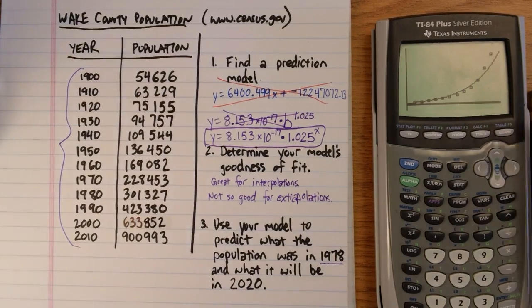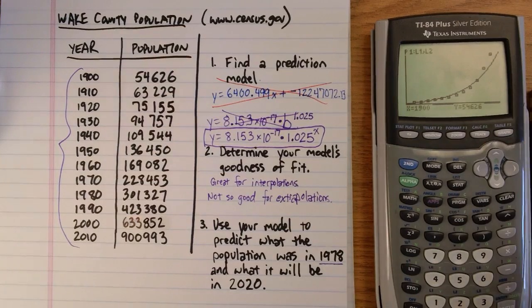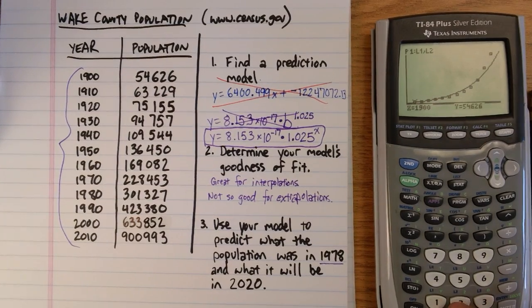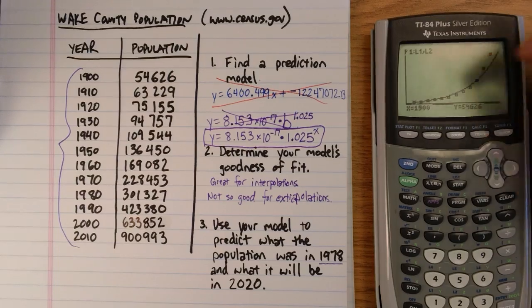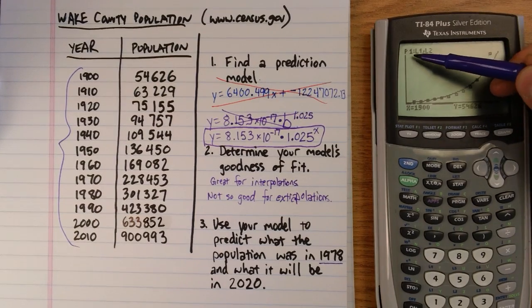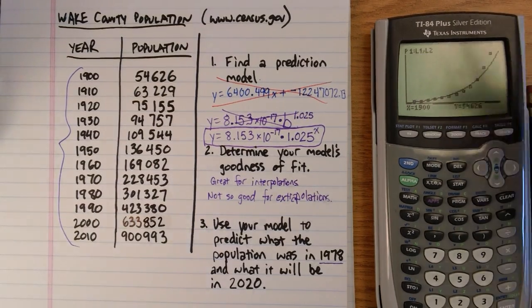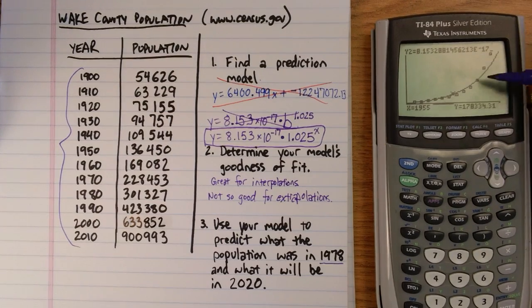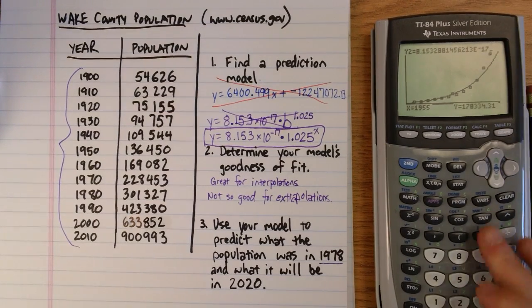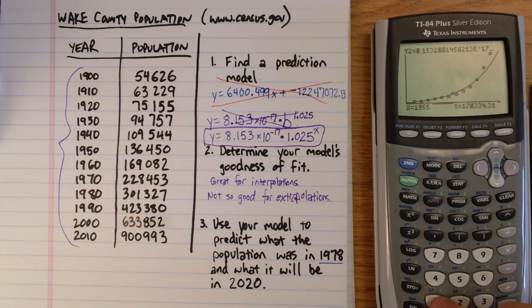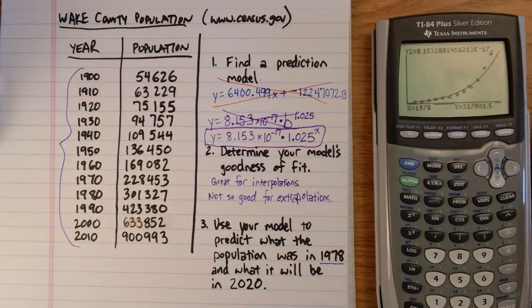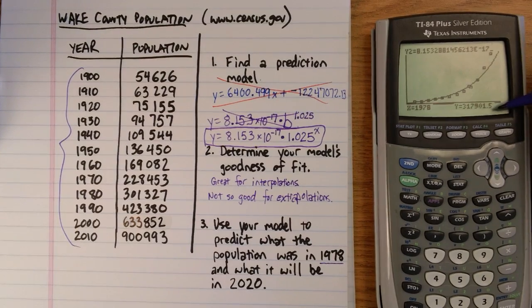To do that, on the graph screen, I can just hit trace. Notice that they immediately highlight plot 1. I don't want plot 1, I want y2, which is our predictor equation. So again, I'm going to hit 1978. That's our x value, press enter. And then the Y value is that prediction there.